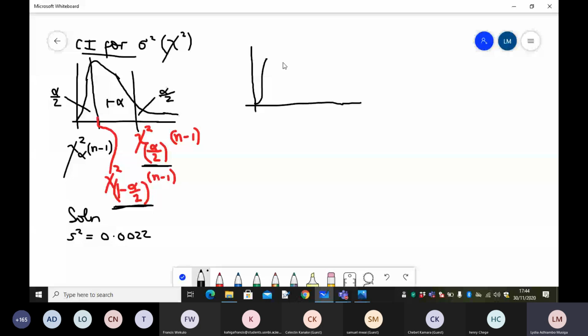So our question requires us to determine a 95% confidence interval level. 95%, as in the middle area will be 0.95.